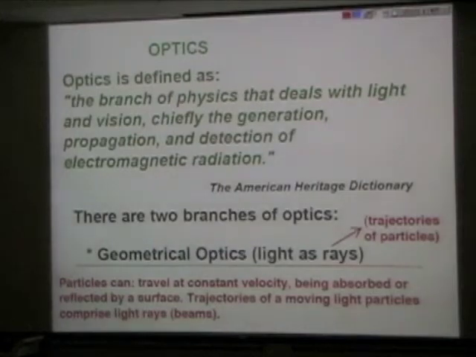So in this situation, each light ray we can think of as a trajectory of a specific particle. For example, here, the laser pointer. Well, a laser pointer is a light source. We can see this light.